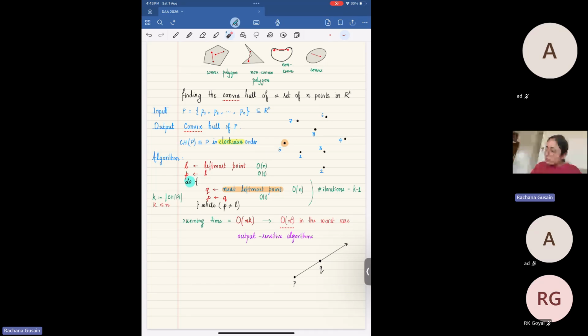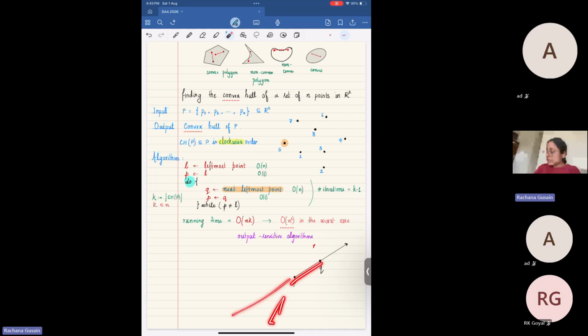Or it could lie in one of the two halves. For instance, if R lies here, then we will say that R is to the left of PQ. When I say PQ, I mean the segment in this direction, P to Q. So if my point R lies anywhere in this half, then R is to the left of PQ.